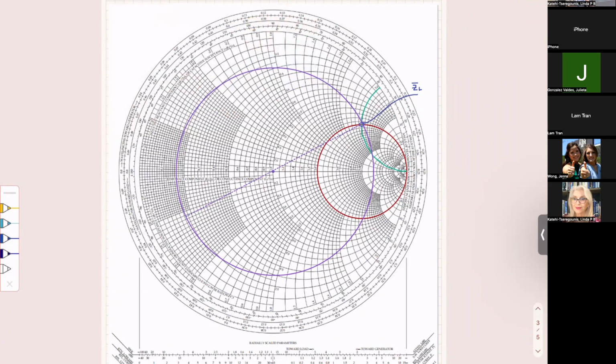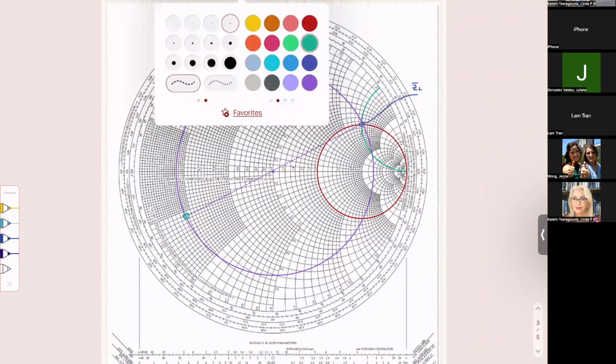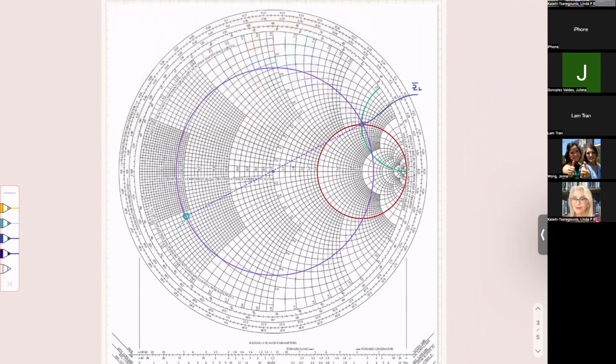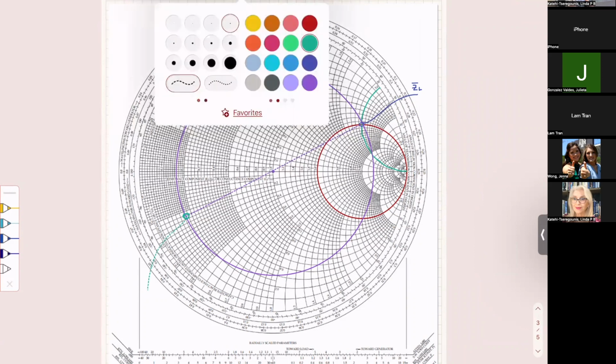It's here. And that point there is nothing else but the normalized admittance that corresponds to the normalized impedance.